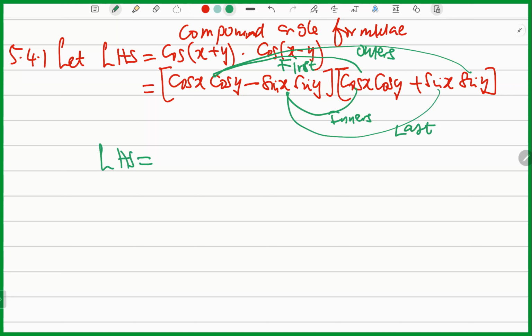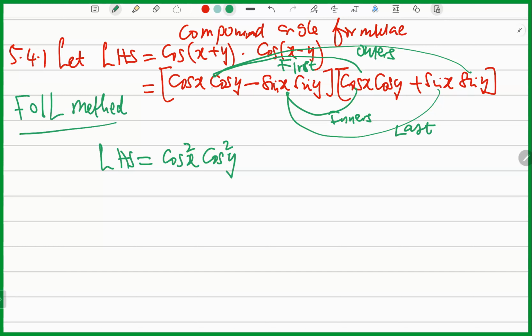Okay, I'm excited. Right, so let's look at this one. Cosine x times cosine y, cosine x times cosine y, so it is cosine squared x, cosine squared y. We're multiplying the first ones, and then after that, we multiply the outers. The method is called the FOIL method of multiplication.